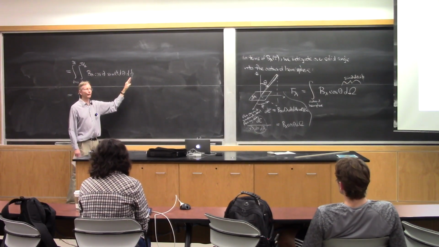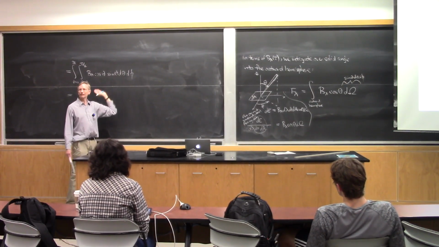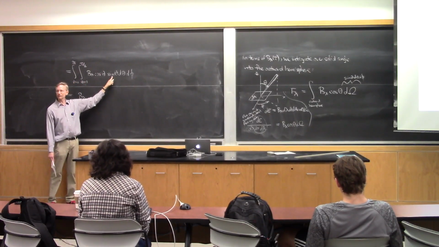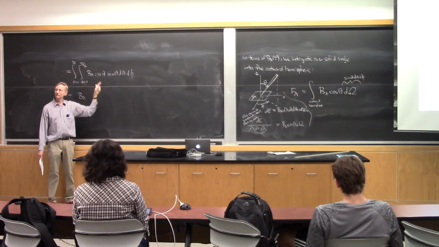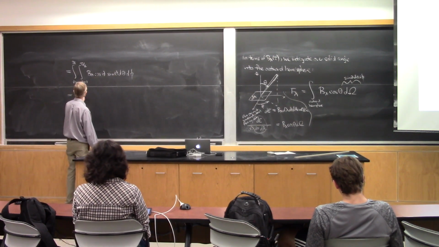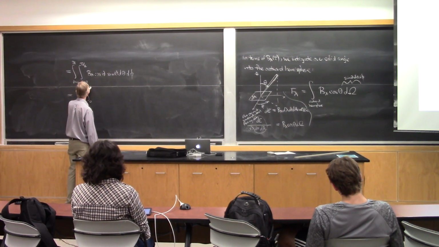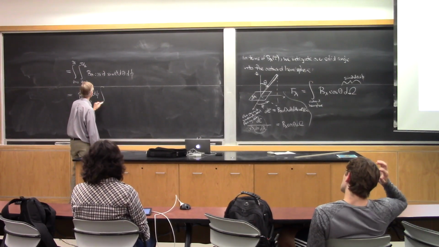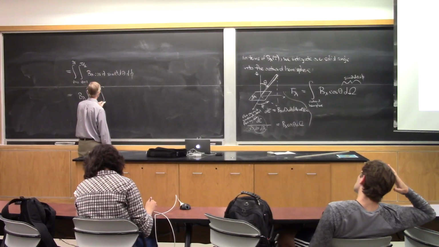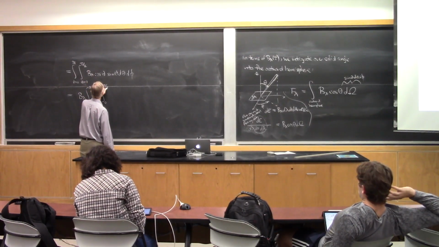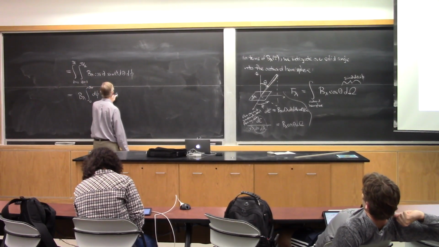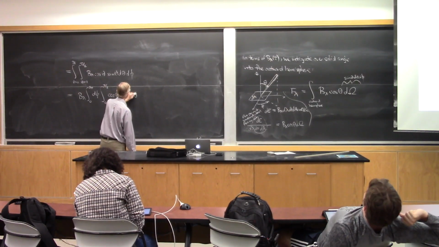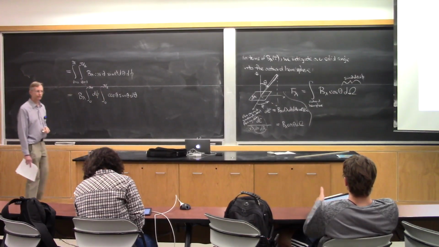There's no phi dependence in the integrand whatsoever. There's theta dependence because I have cosine theta, sine theta there, but no phi dependence, so this is B lambda, integral from 0 to 2 pi of d phi times integral from 0 to pi over 2 of cosine theta, sine theta, d theta. I can factor this like that.